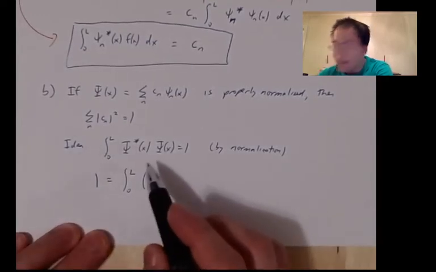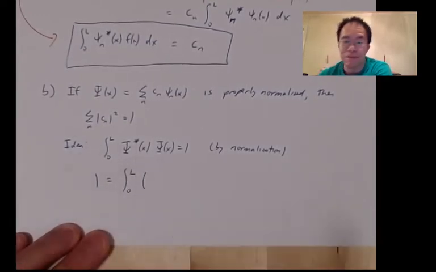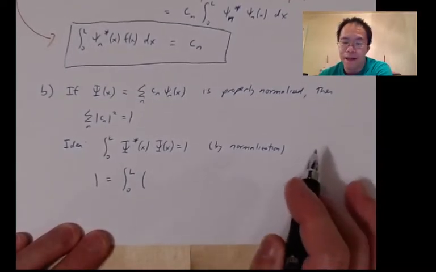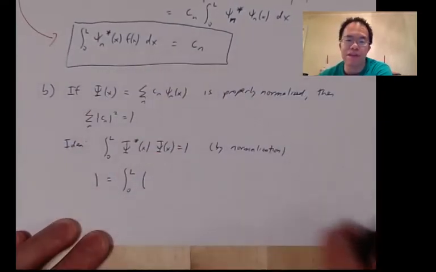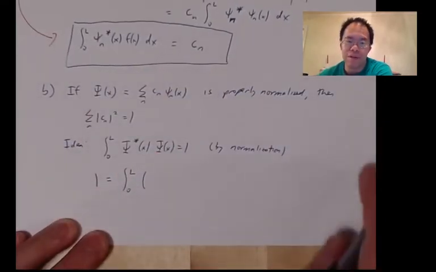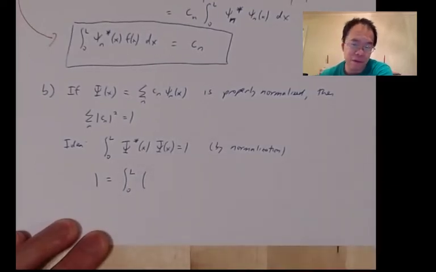But I have to be careful because I have two different expansions here, and so I shouldn't use the same index because I have to worry about cross terms. And again, I'll write it out in sigma notation, but then also write out the first couple of terms to convince you of what's going on.